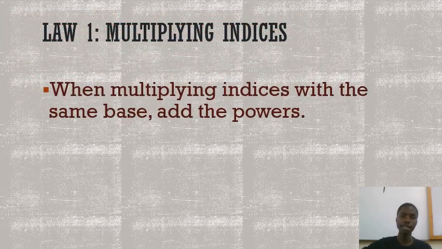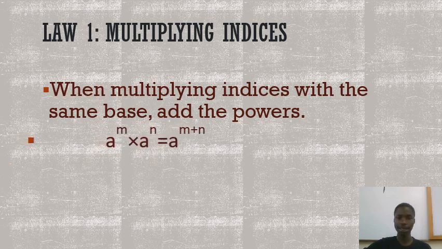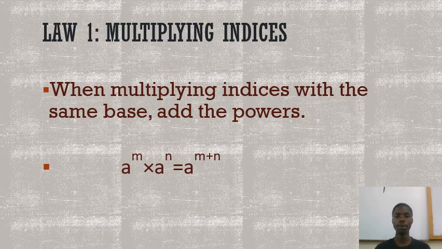When multiplying indices with the same base, add the powers. That is, a^m multiplied by a^n is a^(m+n). As you have seen here, add the powers. The powers are m and n. That's how multiplying indices works.